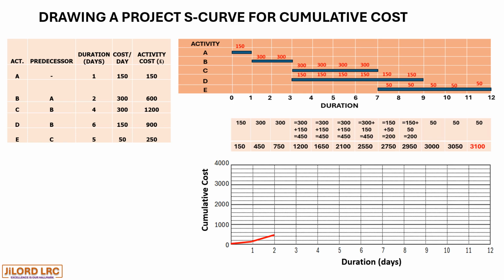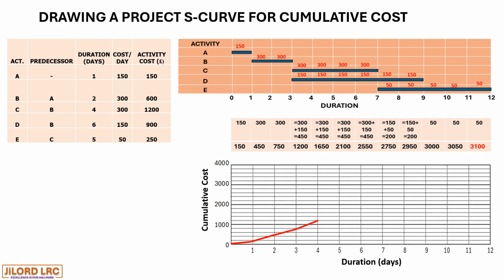For day 3, we have a total cost of 750, and that is also marked on the graph. For the fourth day, we have a cumulative cost of 1,200, which is also marked on the graph.